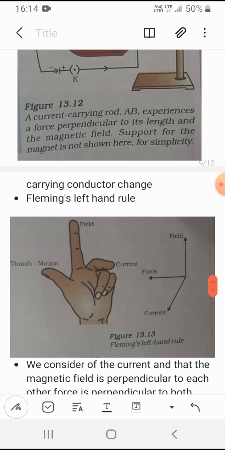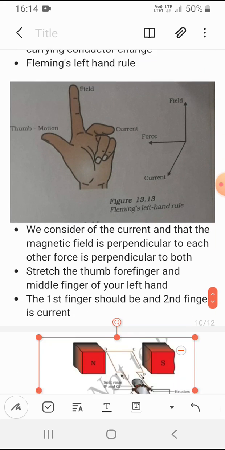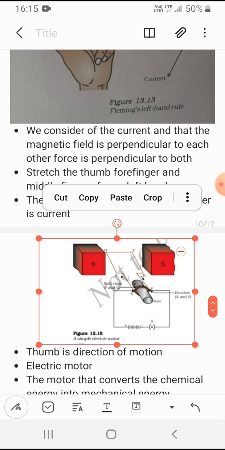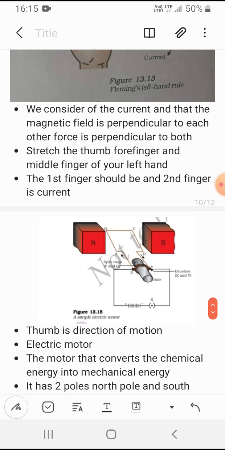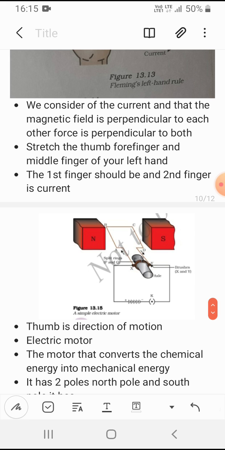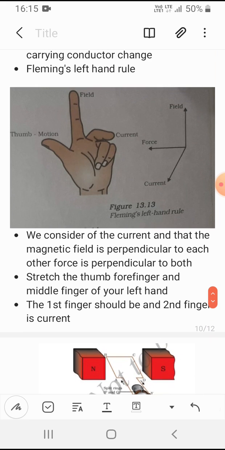The thumb indicates motion, the forefinger the magnetic field between north and south, and the middle finger is the current.